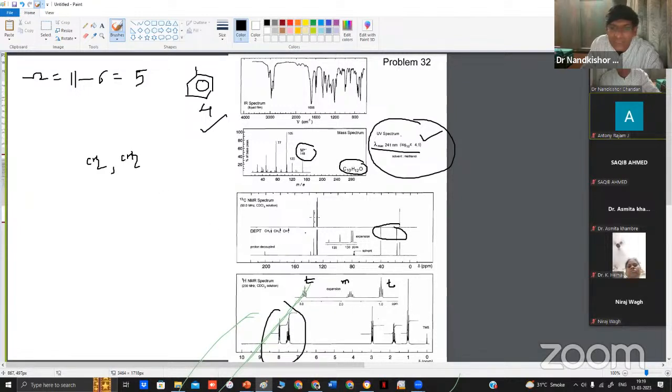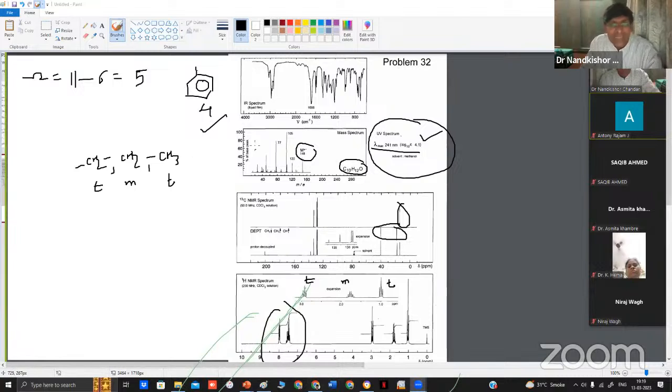There is also 1 methyl group present, which is a positive peak in DEPT. So that CH3 is also confirmed. That means these 3 groups are joined together. If they are joined together, this will be a triplet, this will be a triplet, and the middle one will be a sextet, or we consider it a multiplet. This particular pattern can be easily confirmed from the PMR as well as the CMR.